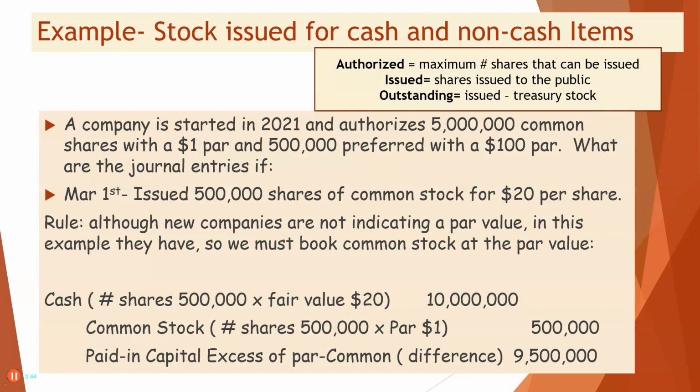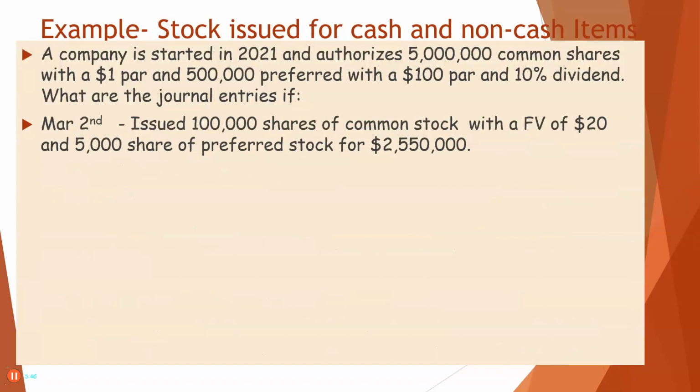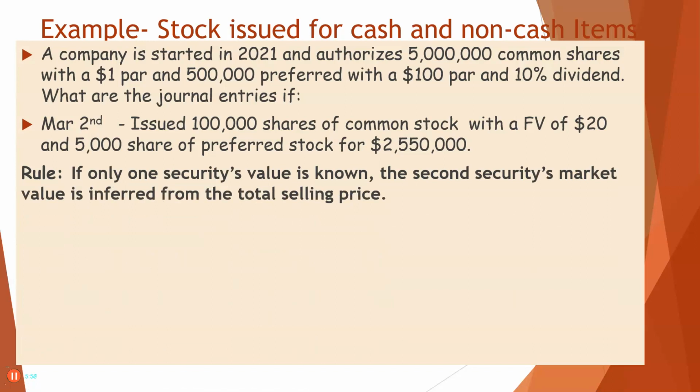Now our next transaction in March. We issued 100,000 shares of common stock with a fair value of $20 and 5,000 shares of preferred stock for $2,550,000. Now, the rule is, if only one security's value is known, the second security's market value is inferred from the total selling price. So what does that mean? You take the total amount, you first figure out the value of the common stock, which is $20 a share, and then you apply the difference to the preferred stock.